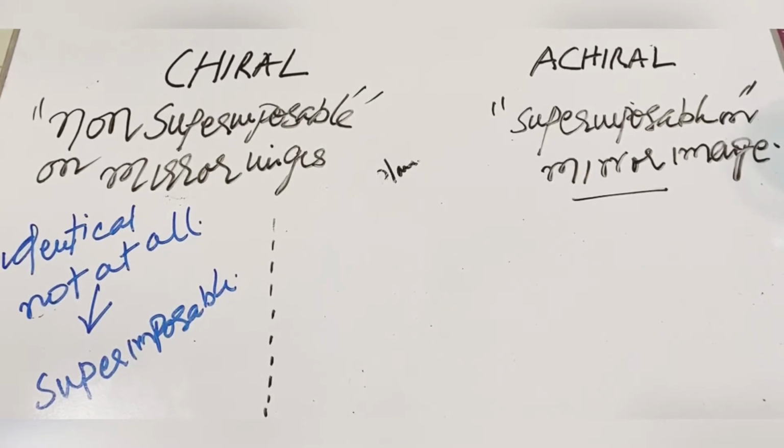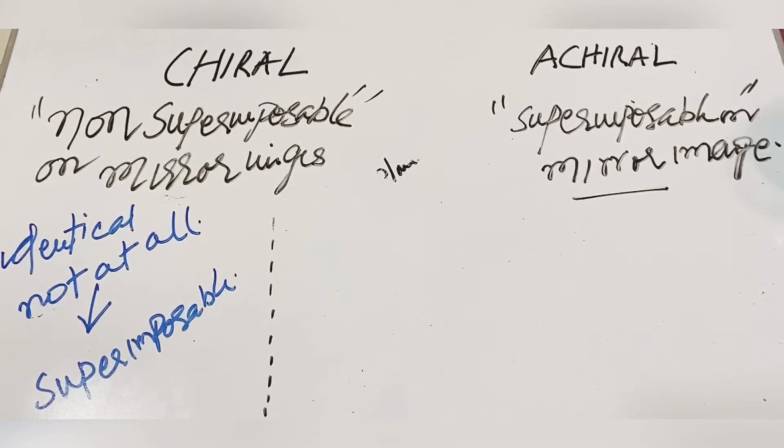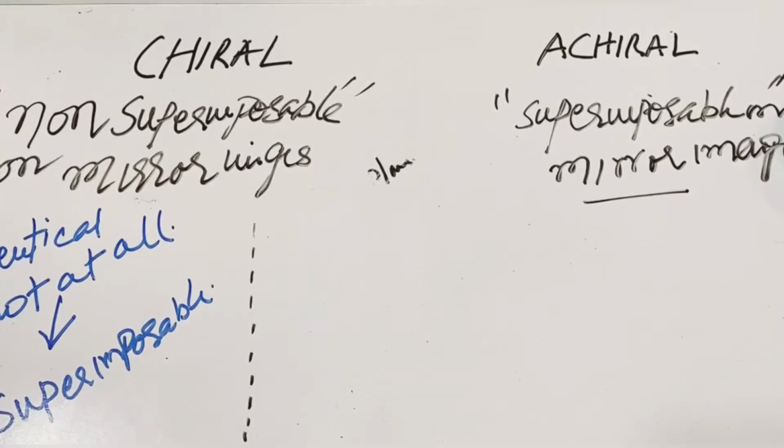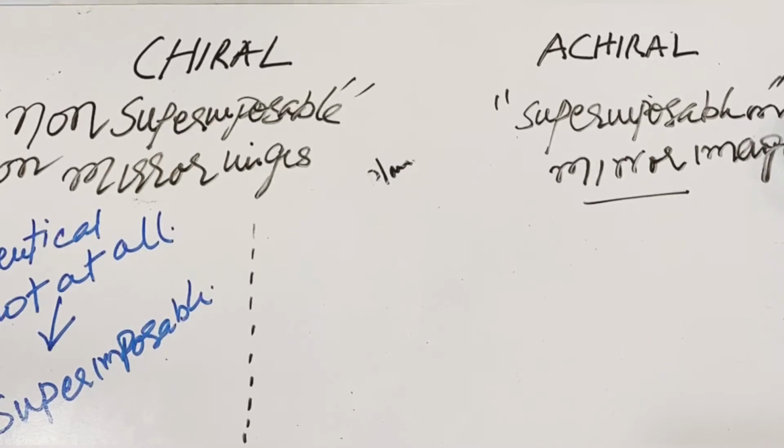And I've shown you many examples. So I just explained what chiral objects are. They are non-superimposable. So simply, a molecule is said to be chiral if it exists in two stereoisomeric forms, and those two forms are non-superimposable mirror images of one another. This is the simplest definition.